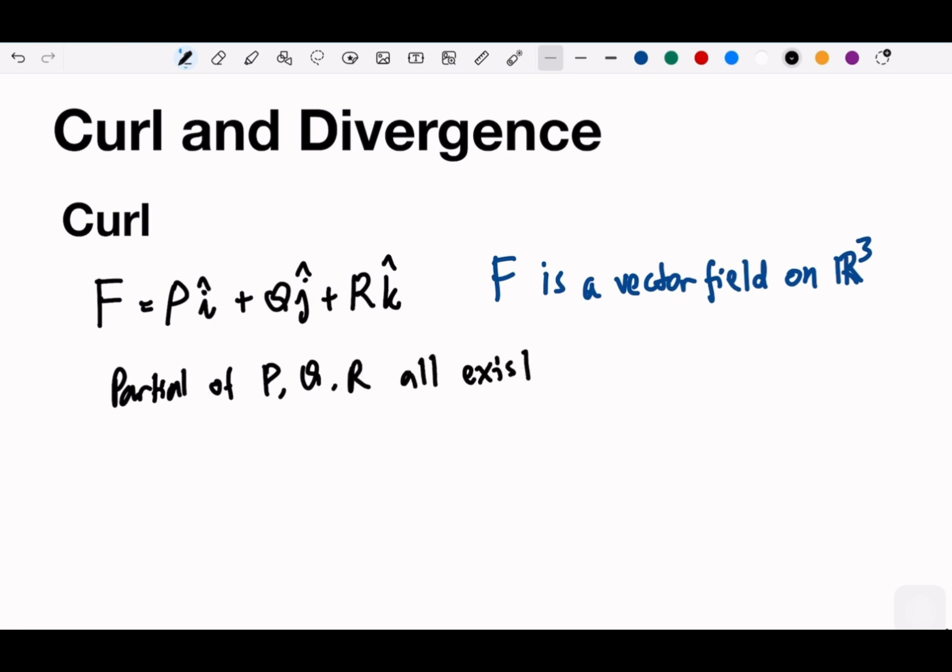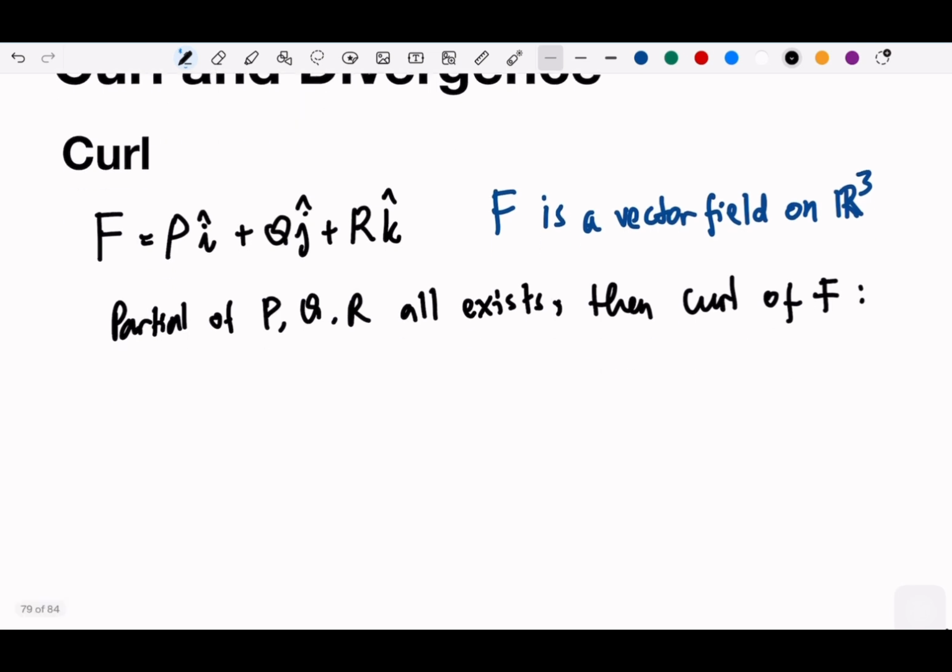With this assumption, the curl of F is basically, let me write the definition.